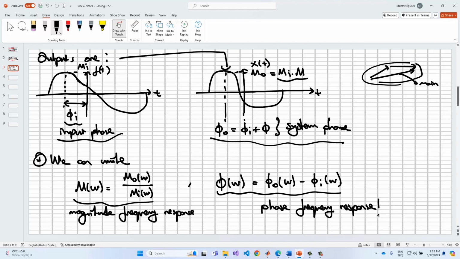Okay, so if we have the W value starting from 0 to 100 values, for example, this is radian divided by second, and so 1 by 1, and at each case we can characterize the R system based on these two formulas, the magnitude of the frequency response or the phase frequency response in this case.